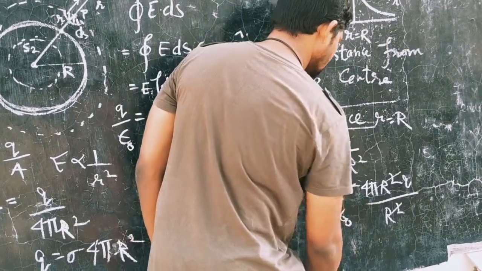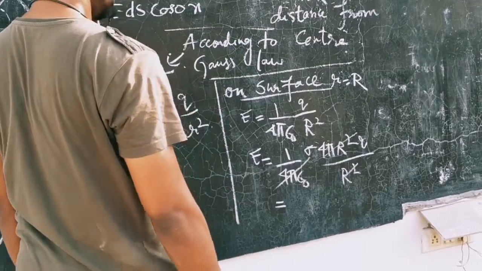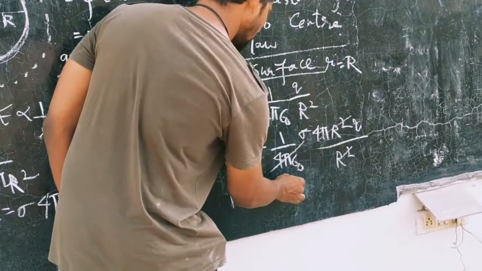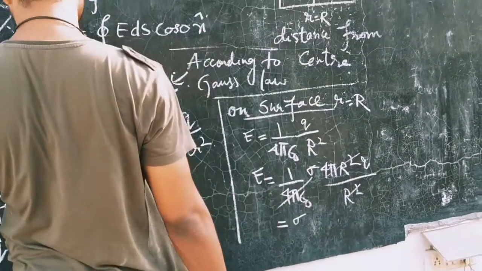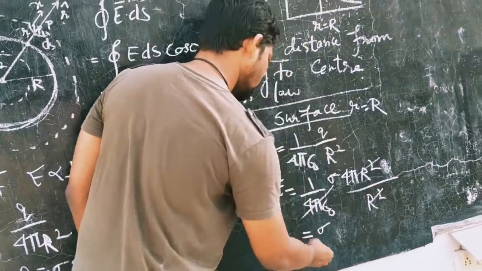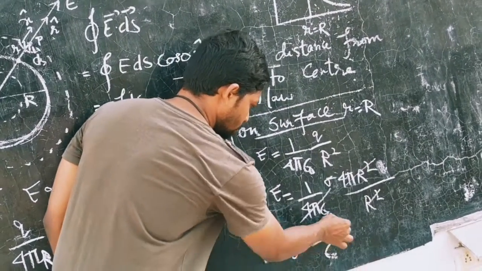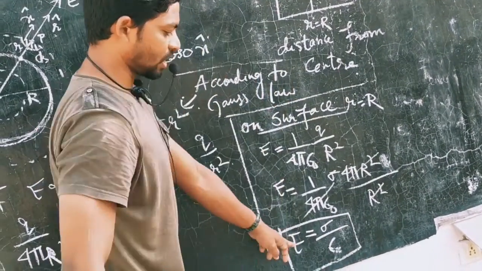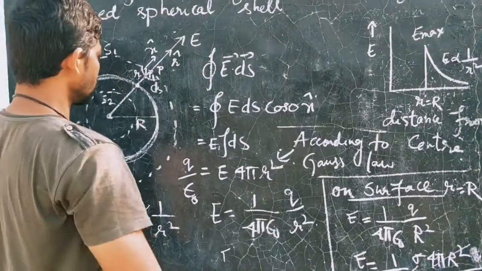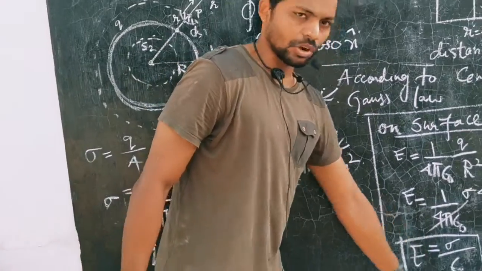All this gets cancelled, so we are left with sigma by epsilon naught. So the electric field intensity on the surface of the sphere is sigma by epsilon naught.